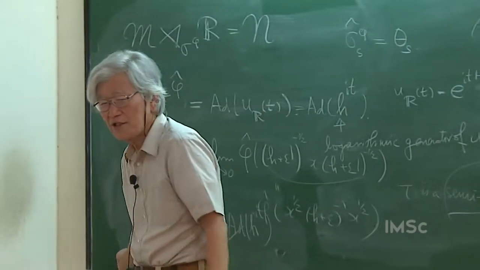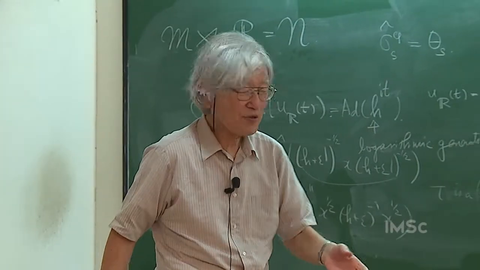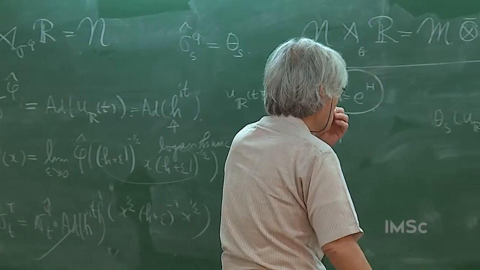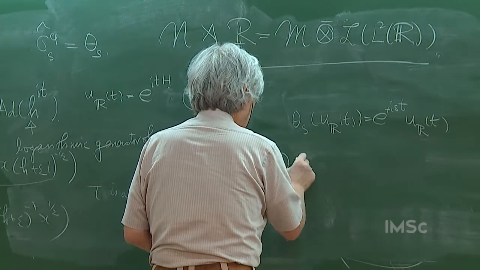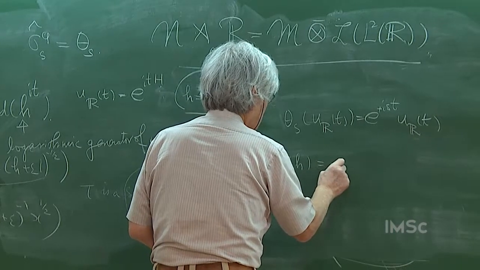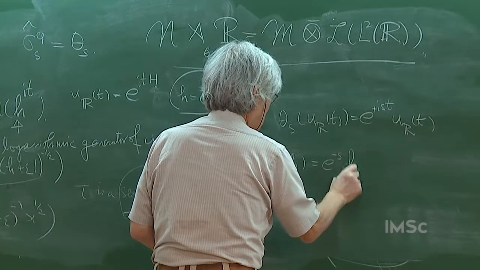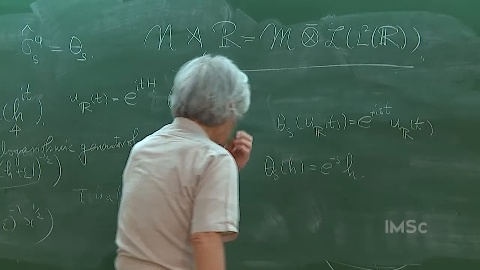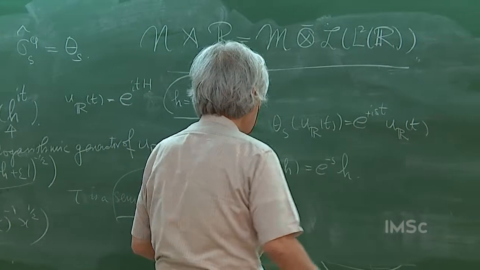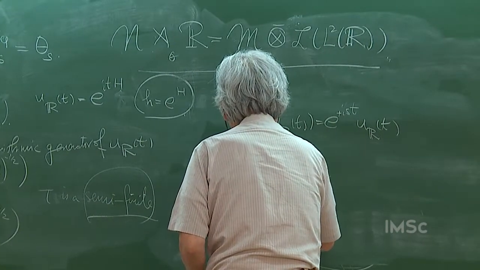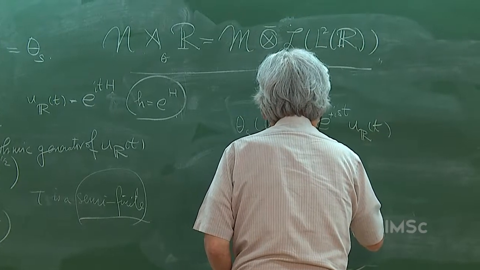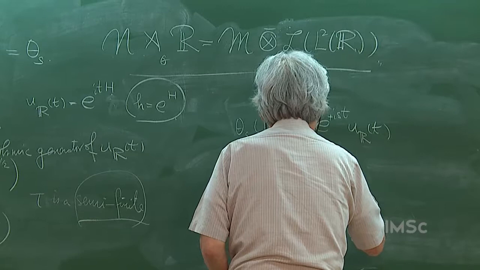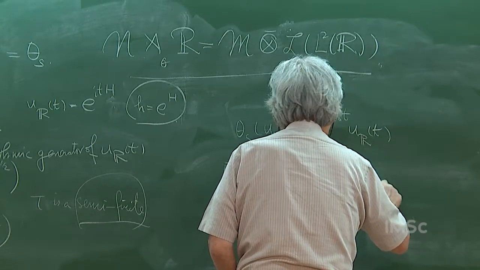But I lived on the scaling down so long, I want to make it scaling down. So theta S of h equals e to the minus S h. Yeah, okay. So h to the power it equals e to the minus i S t of h to the it.